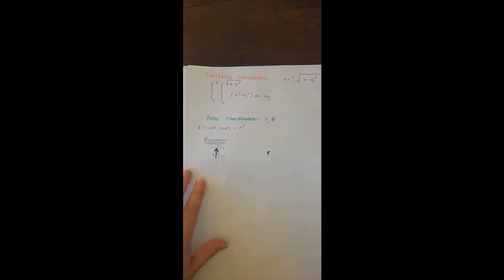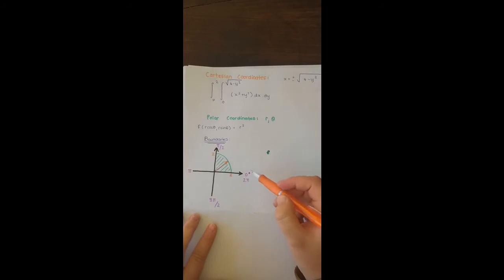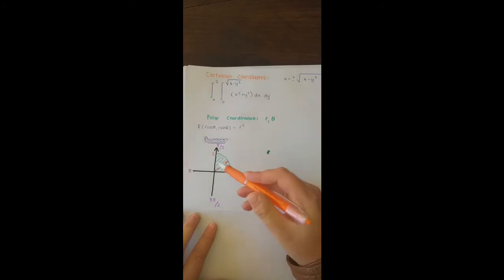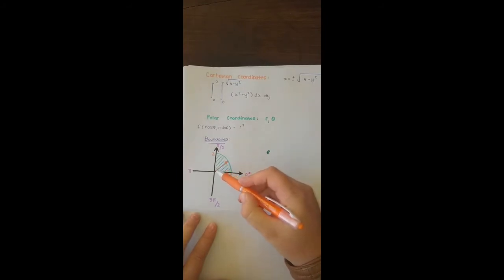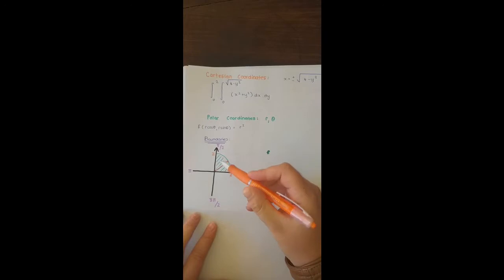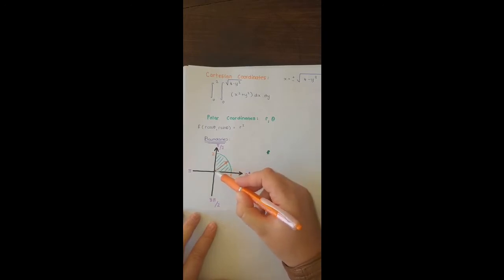Now we have to find our boundaries for this. We can see that theta goes through 0, pi over 2, pi, 3 pi over 2, and then 2 pi. Your r, which is your radius, is how far your line or your function is from the origin.